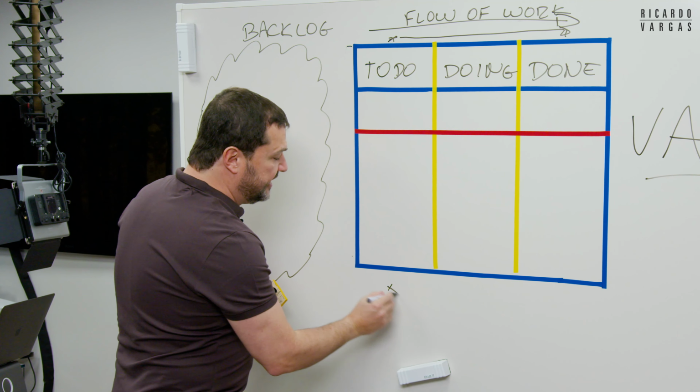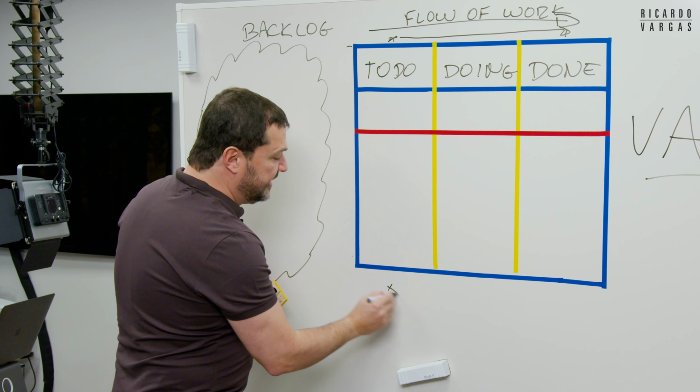Your ability of creating a to-do list is limited to 3 items. You can do only 2 at the same time. What I'm telling you here is that you can do only 3. So if you have 1 post-it note here, 2 post-it notes here, 3 post-it notes here.